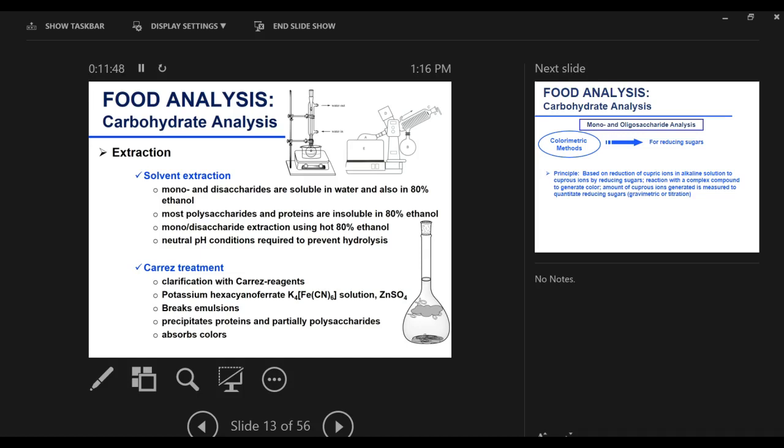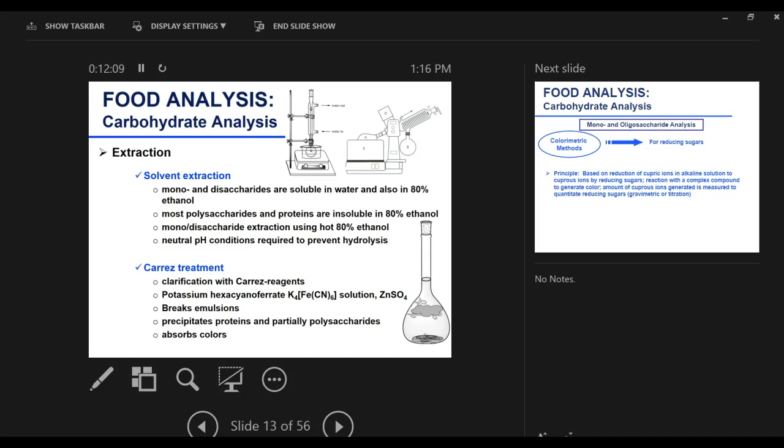So I will just take the ethanol with the sugars after an hour or two of refluxing, and now I want to remove everything else that is not sugar in there. What I do is, first of all, I will evaporate the ethanol by rotovap.